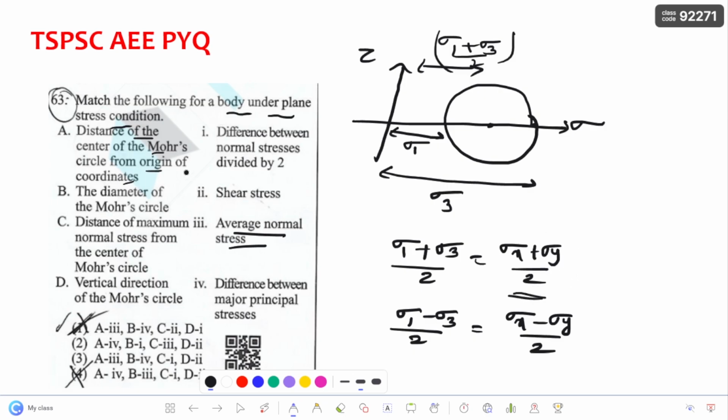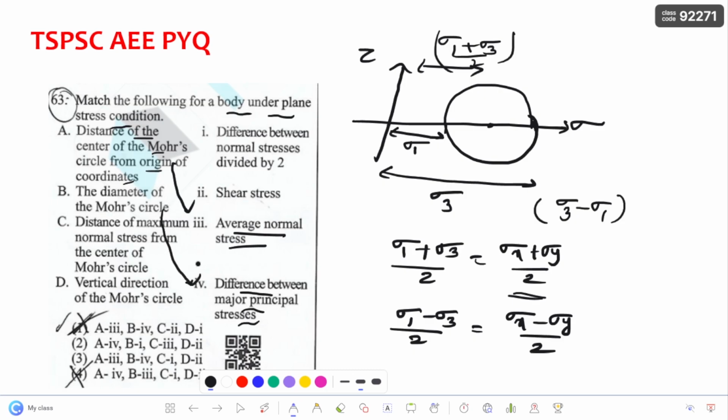So you can say A is nothing but 3. The diameter of the Mohr circle is nothing but sigma 3 minus sigma 1. You can see in this figure, sigma 3 minus sigma 1 gives the diameter of the Mohr circle. So that is nothing but difference between the major principal stresses.